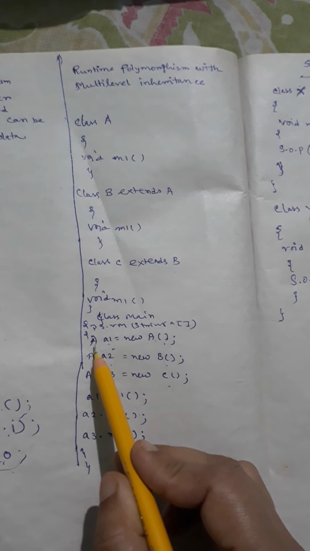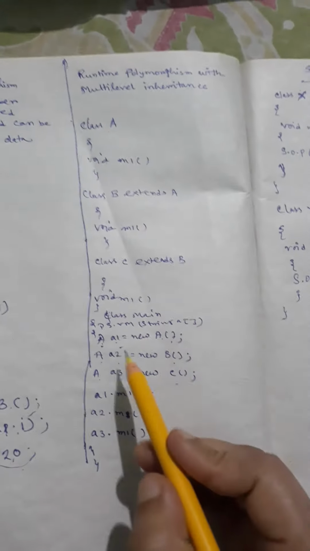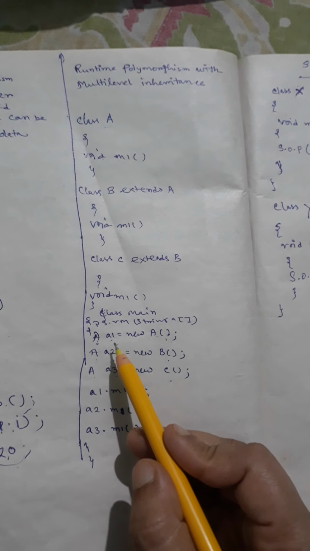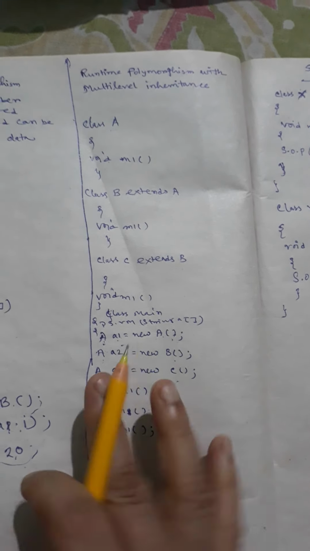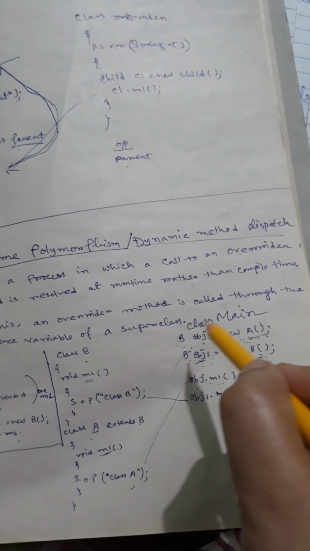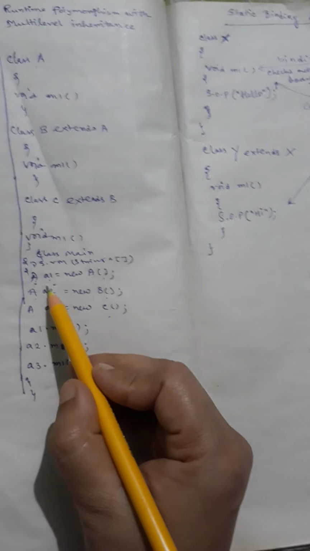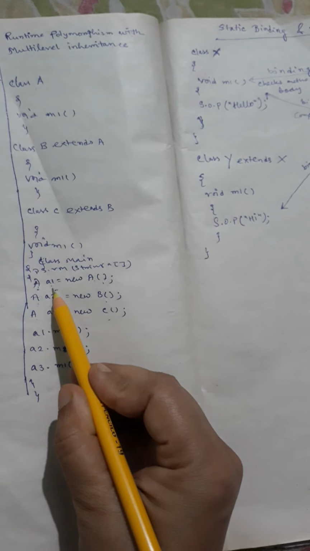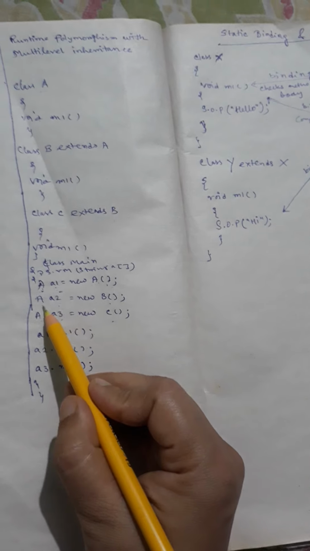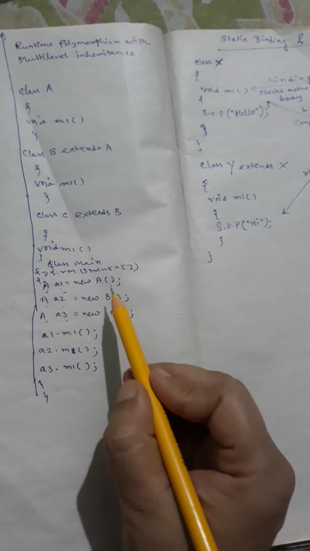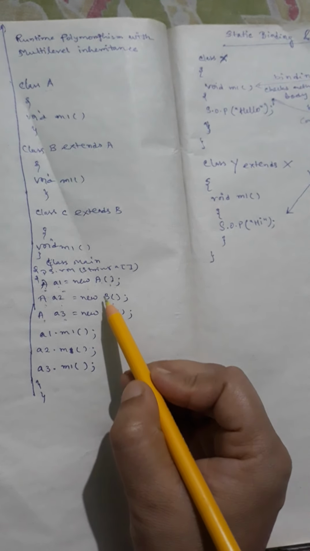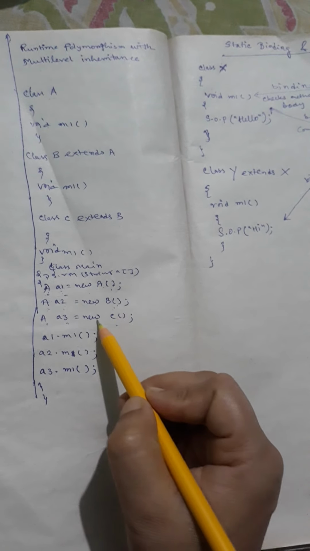A is the superclass and it is always used to declare the reference variable, because that is the condition. You can see that the reference variable of the superclass calls the overridden method. So a1 is a reference of A class, a2 is a reference of A class, a3 is a reference of A class, with new A constructor, new B constructor, new C constructor.